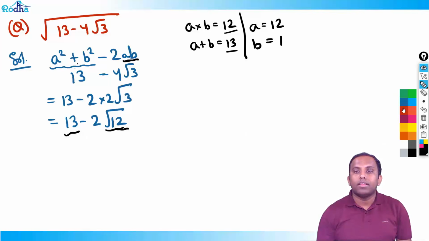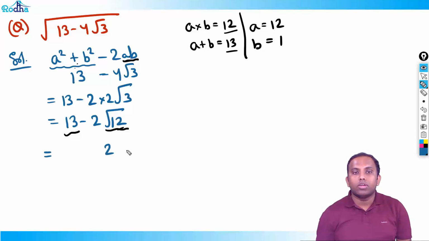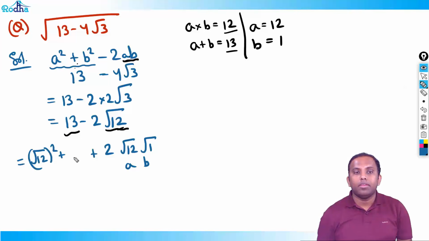So what I have done basically here is it becomes 2 root 12 into root 1. This is a, this is b. So a is root 12 square and b is root 1 square, that is 1 only.